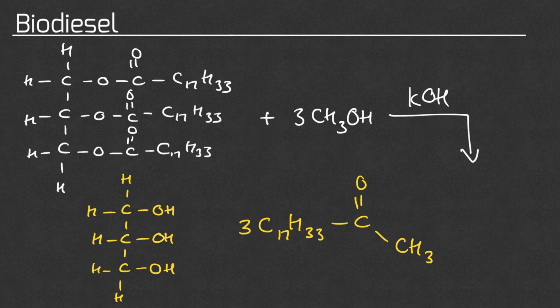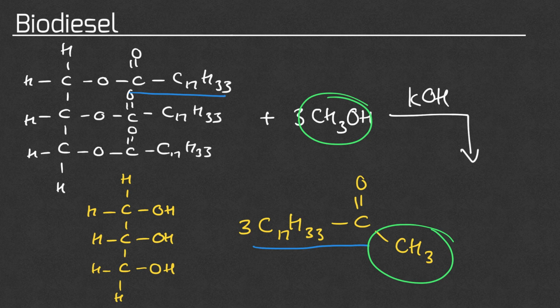Essentially, this process does the hydrolysis of the chains, forming the carboxylate salts like we've just looked at, and the glycerol, and the carboxylate salt then undergoes an esterification reaction with the methanol to form the methyl ester. So the long parts of the chain are present here, and the methanol group is where this side group comes from.